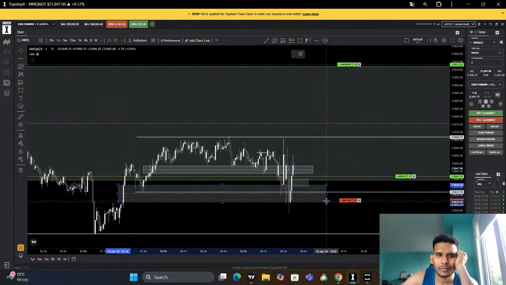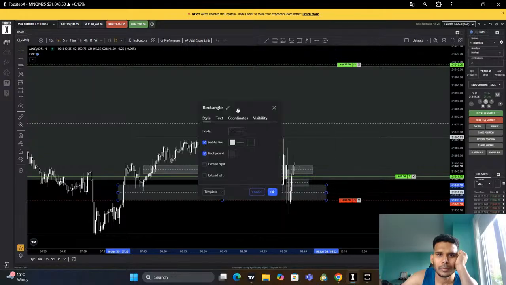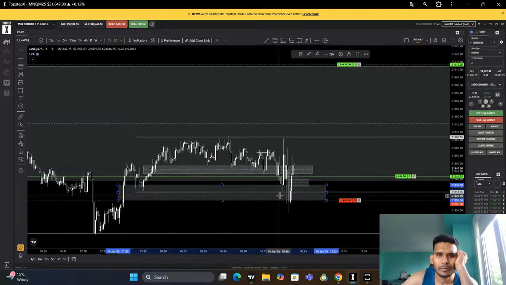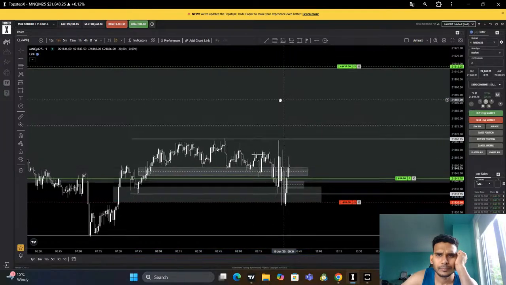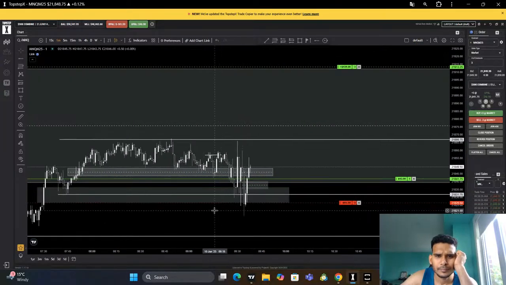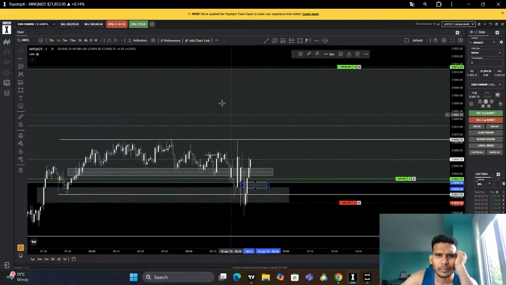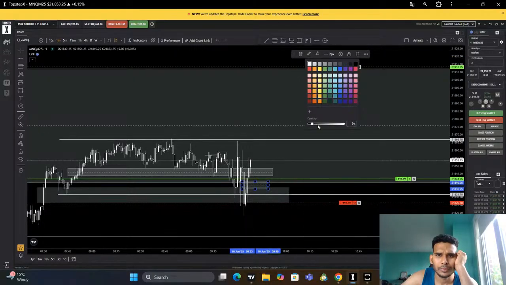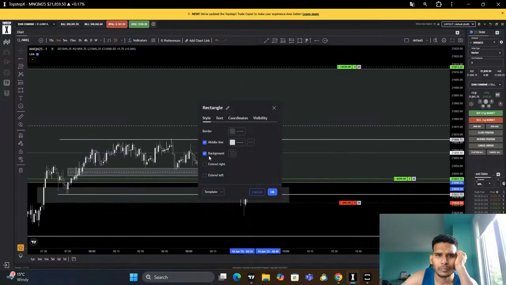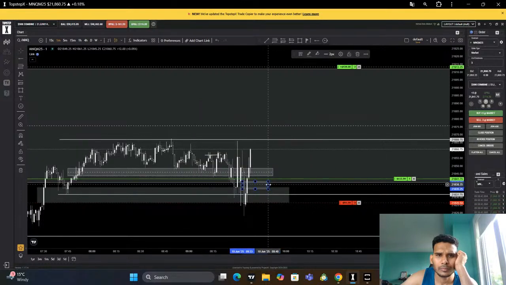Inversion inside this M1 fair value gap. Give me a sec. Take out that one inside the M1 fair value gap. So here is the anticipated inversion. I have to do some different colors for this.